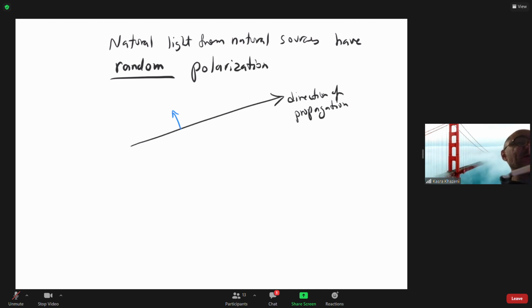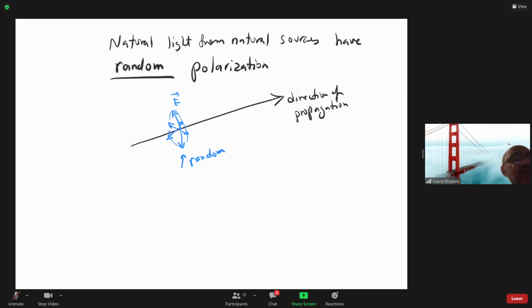Maybe at this moment you measure it, it's in that direction, and then at some other time it's in another direction. So it can be in all directions. The electric field is pointing randomly in all directions. You don't really know which direction it is. There is no polarization. It's just a random polarization of light.